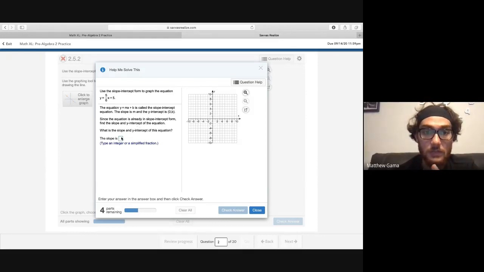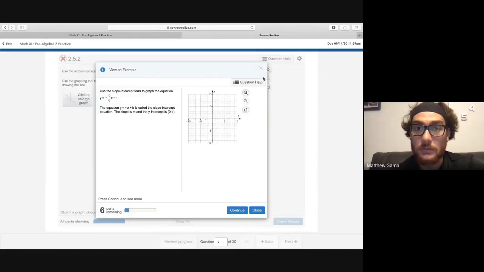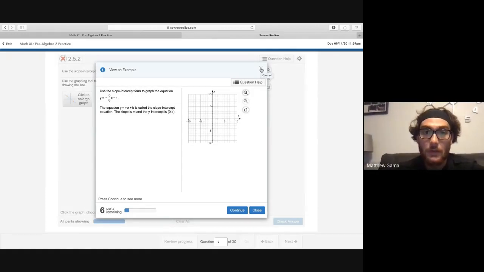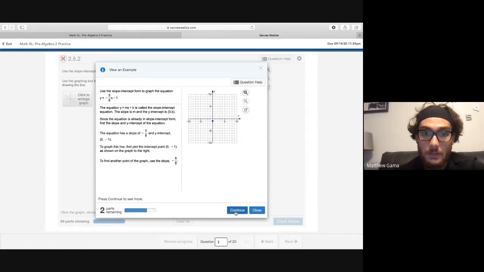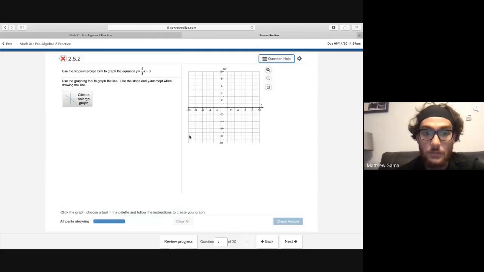So the first thing to do is find the slope, and then you can check your answer and go through it. This is not going to count, so it's like you're doing an extra equation. You can also press view an example. It goes through the same thing, but you don't actually solve it. It just tells you how to solve it, and you can use that to help you as well.